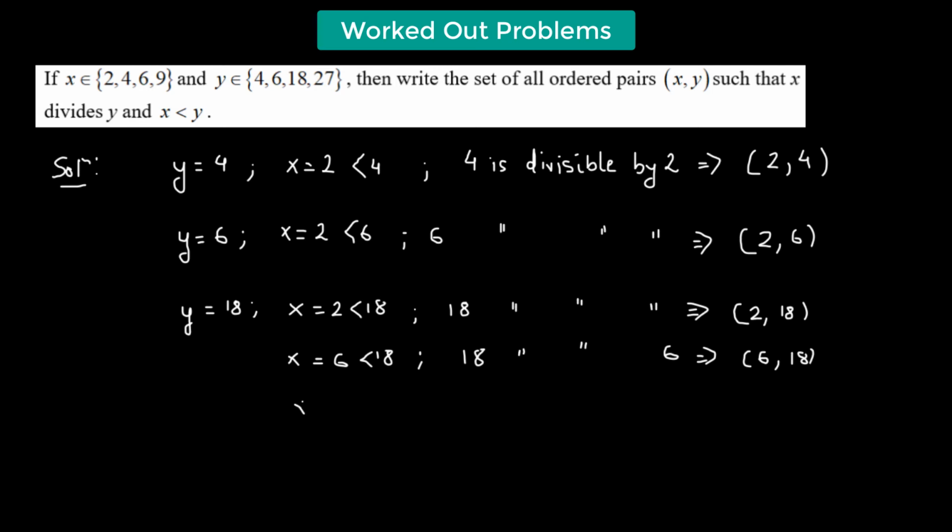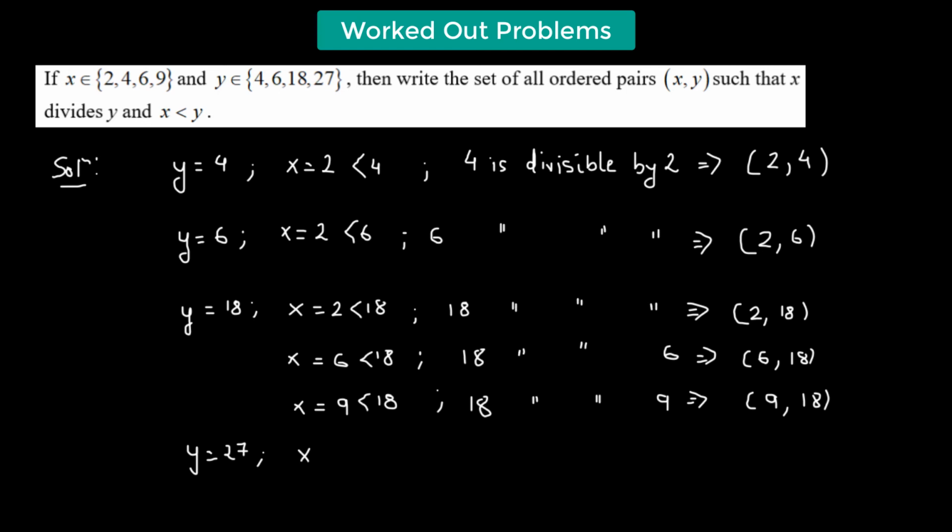Now for x equals 9, we see that the condition is fulfilled. It's less than 18, and also 18 is divisible by 9. So we have another ordered pair, which will be 9, 18. Then we'll go to the final value, which is y equals 27. We see that for x equals 2, 4, and 6, 27 is not divisible by any of them.